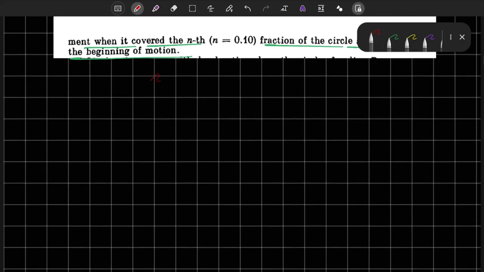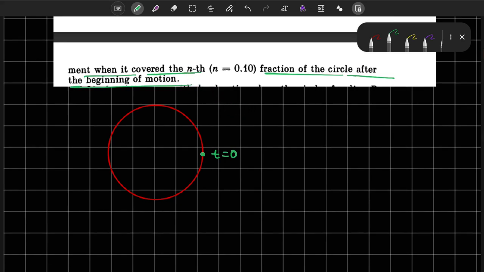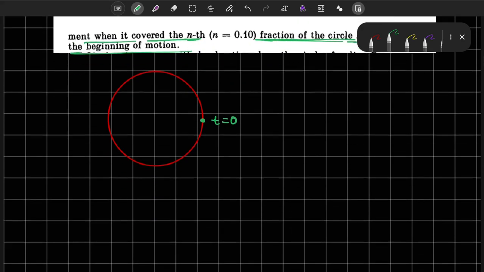Okay, so let us say this is the circle in which the point is moving. For example, at this particular time instant, let us say at t = 0, it is starting from this particular point and it is covering the total distance of nth fraction of the circle.